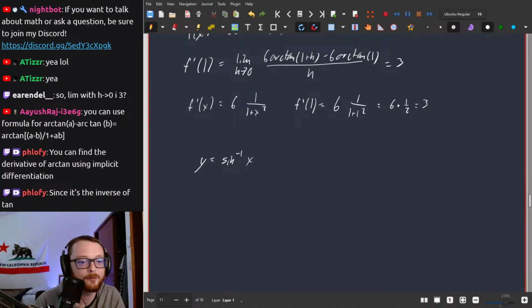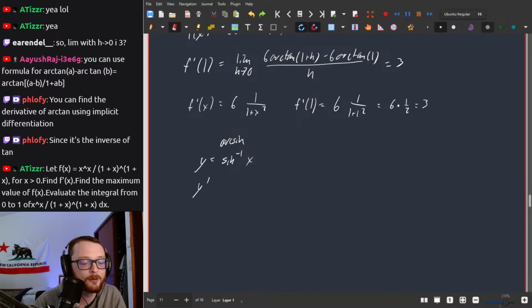I prefer saying arc sine, but I feel like that kind of weirds a lot of people out, so I'll write inverse sine like that. If you want to know what y prime is, and you want to find the derivative basically of inverse sine, you can use implicit differentiation there.